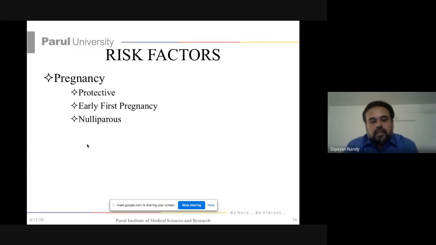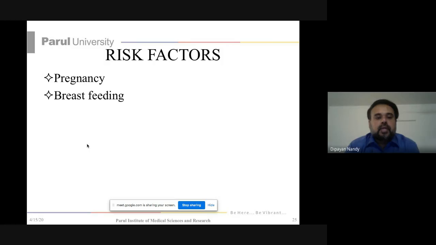Another important factor is the pregnancy. Pregnancy in general is considered to be protective against breast cancer. So nulliparous women are more at risk, and women who have had an early first pregnancy are considered to have a lesser risk. Again, going by the same principle of the menstrual cycles, the pregnancy disrupts the estrogenic phase of the female's cycle, and thus gives some protective action against the development of breast carcinoma.